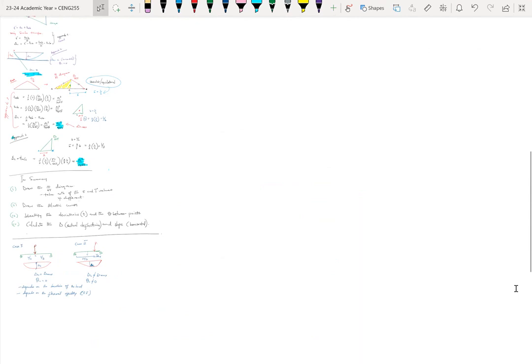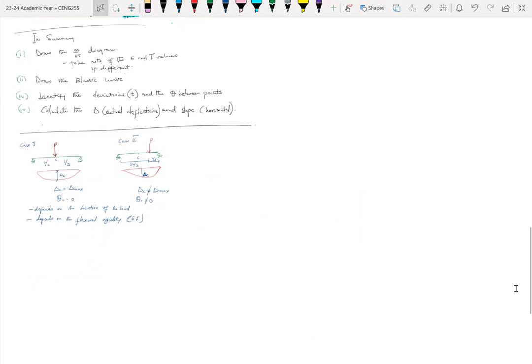So next week we'll look at the conjugate beam method. Okay. So we can look at that next week, and then hopefully we can also solve some examples, understand how it works, and we'll see how it goes. All right.